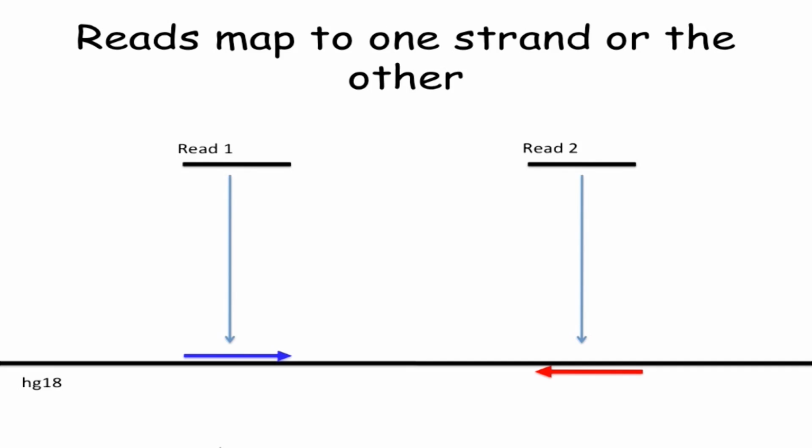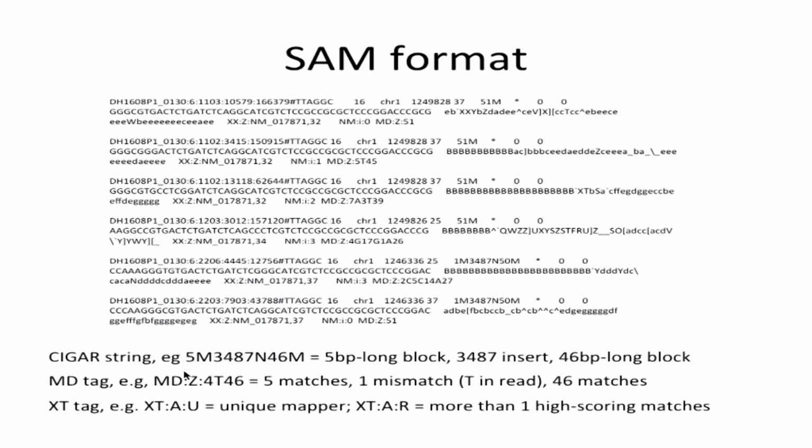There's a convention about representation, especially in tools like the genome browser, where reads that go in one direction are blue and reads that go in the other direction are red. I don't remember which one it is, but there's basically blue and red reads. We'll see more of this in a few slides.